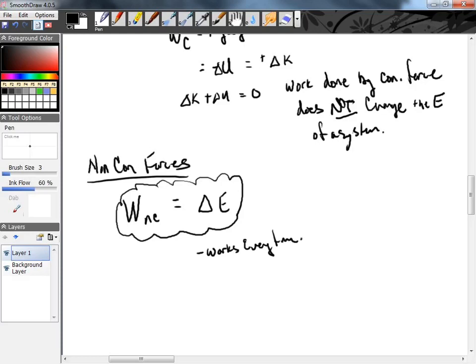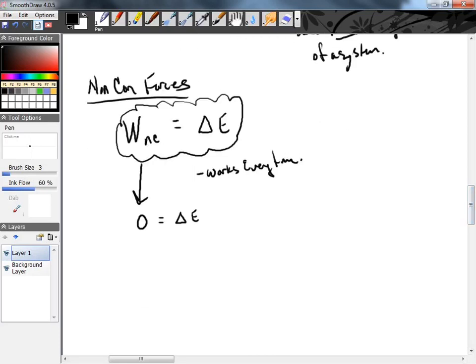All right, and here's where it leads to. If the work done by a non-conservative force equals 0, then that means our change in our total mechanical energy equals 0. But our change in total mechanical energy is the same thing as delta K plus delta U. So delta K plus delta U is our total mechanical energy, and this is still going to equal 0. I can break this up further: Kf minus Ki plus Uf minus Ui.